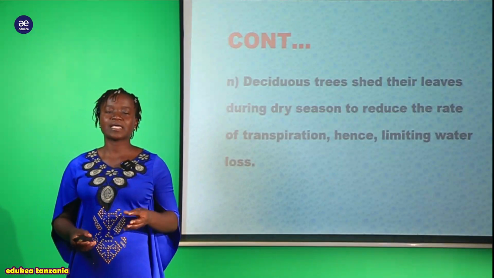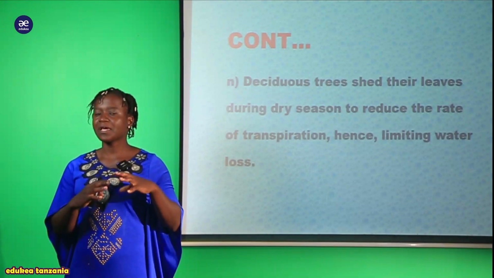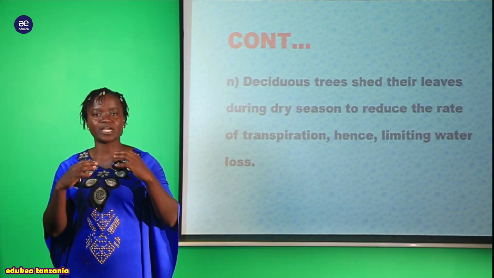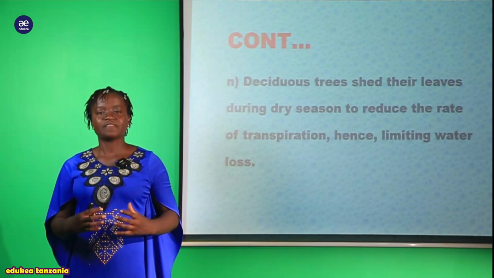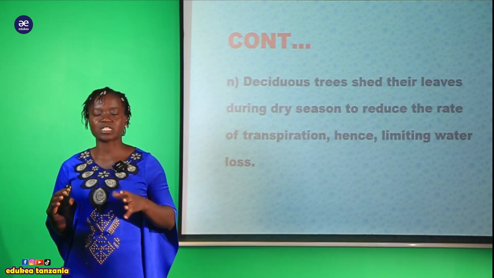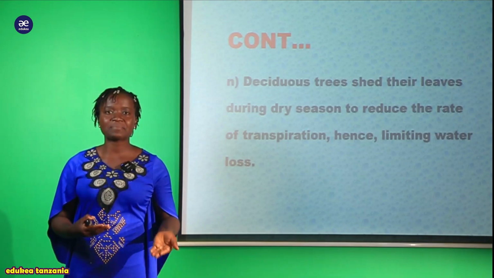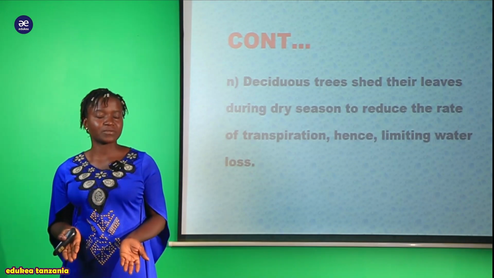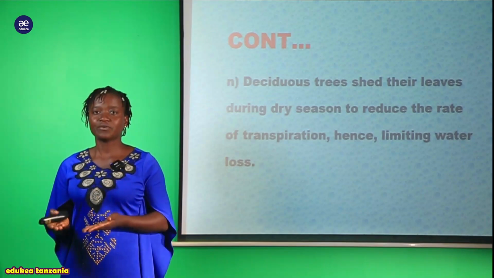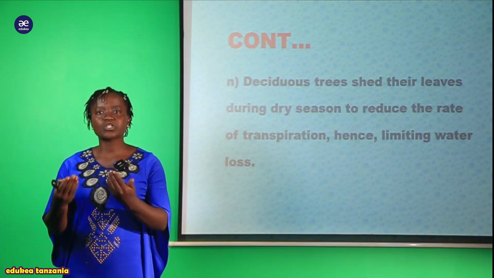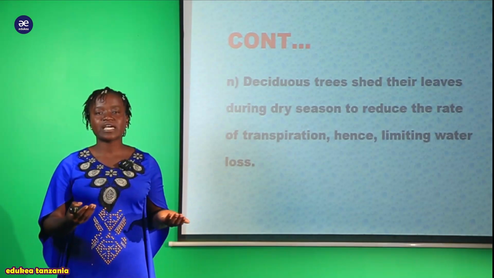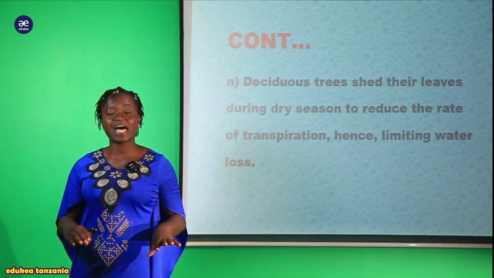Kwa maana kwamba kipindi kile cha ukame maji yanakuwa hamna, tunasema hawa organism ambao wanaishi kwenye such kind of condition, they have a tendency to shed out their leaves. Wanaangusha majani yao kwa sababu kwenye majani ndipo ambapo kunakuwa na the presence of stomata. And we know that the stomata ndio ambayo ina enhance transpiration process to occur very easily. So in order to control transpiration within their body, they shed out their leaves.